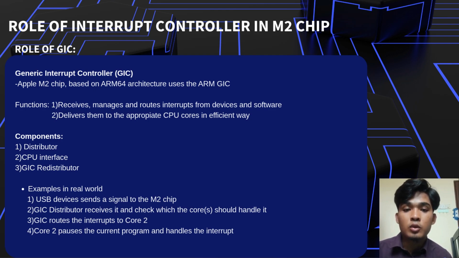Next, GIC routes the interrupt to CPU cores. Let's say it routes it to core 2, and lastly, core 2 will pause the current program and immediately handle the USB device events. Once the execution is done, core 2 will resume its paused program.